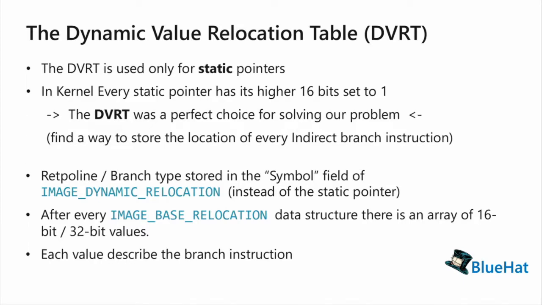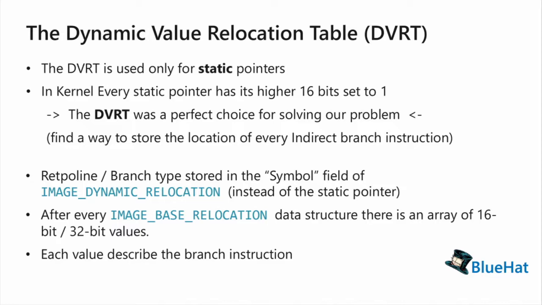I did this introduction because we found that every pointer in kernel mode has the first 16 bits set to 1. So instead of the symbol field of this data structure, we put a value that is not a pointer, a standard value like 1, 2, 5 or whatever.